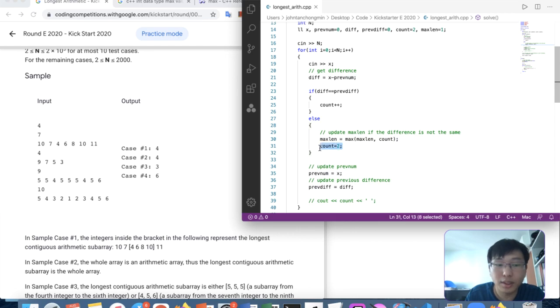I mean, count is 2 is natural because you will definitely have an arithmetic array with any two integers. And then if the next difference is the same as the previous difference, then we add 1. I think that makes sense, right? That makes sense.